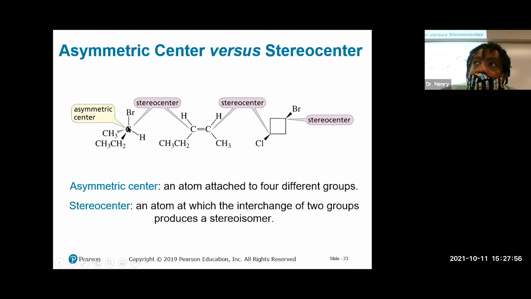This one is an asymmetrical center, where these aren't. Asymmetric: an atom attached to 4 different groups. Stereocenter: an atom where interchanging 2 groups produces a stereoisomer.